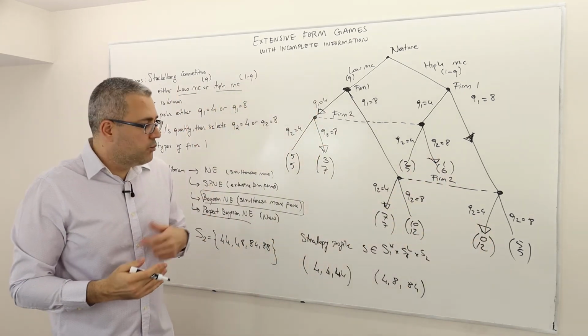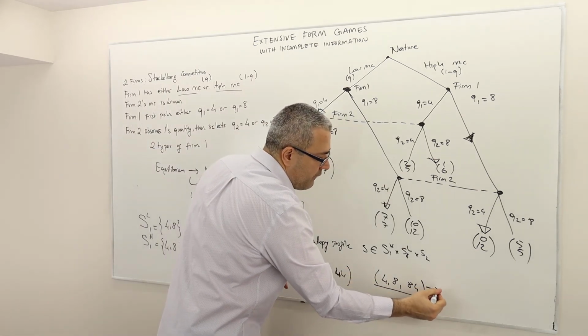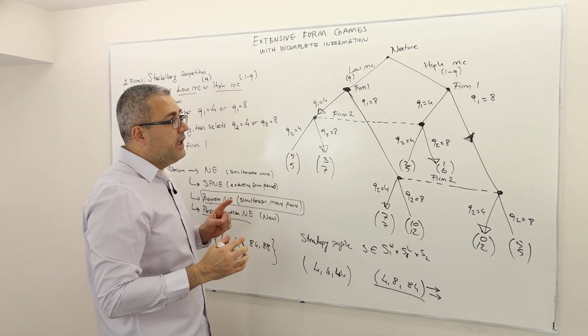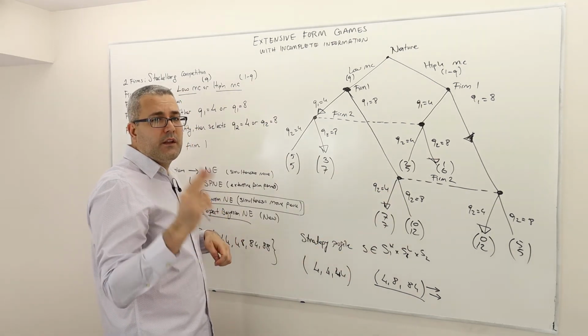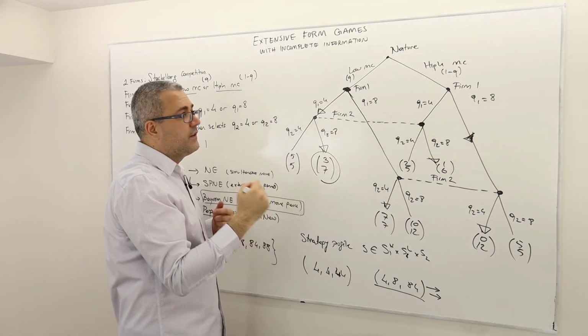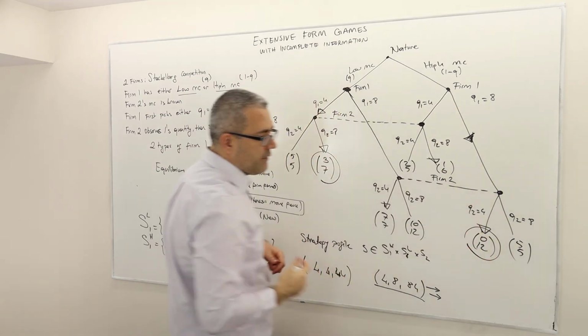So the question is, what is going to be the outcome of this strategy profile? If you follow the arrows, what are you going to get? Well, here, be careful. You are going to get two potential outcomes. One outcome is this. The second outcome is, if you follow the arrows, this.